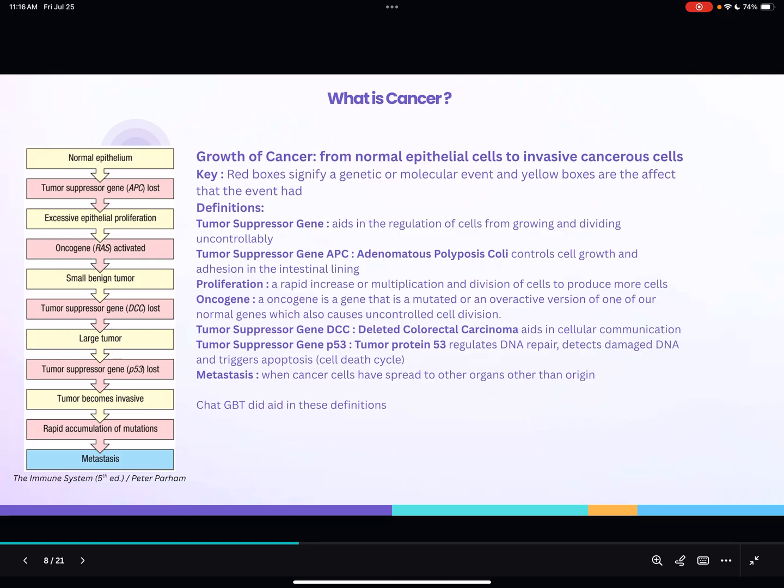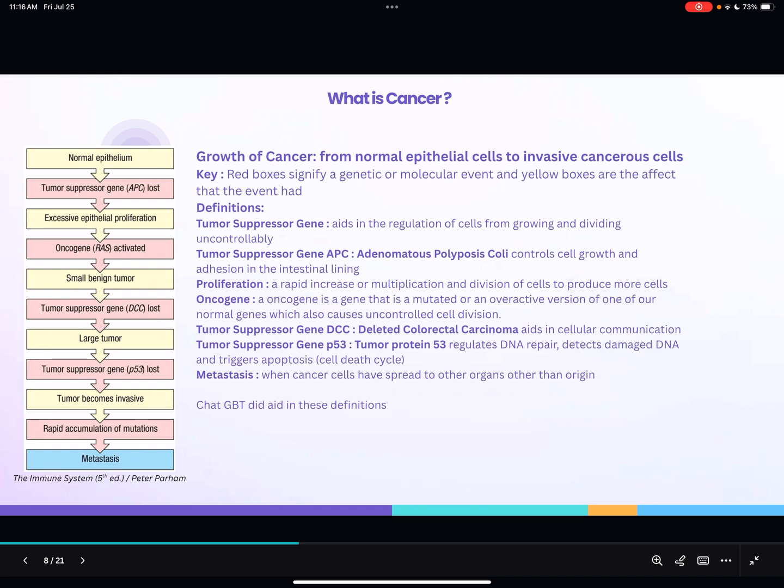But if the tumor suppressor gene DCC is lost, which is the deleted colorectal carcinoma, it's going to aid in communication. So if that's lost, it's going to in turn become a large tumor. And then if the tumor suppressor gene P53 is lost, which is the one that's going to regulate DNA repair, detects damage, and then triggers apoptosis of the cell, which is cell death, killing them off if they're bad.